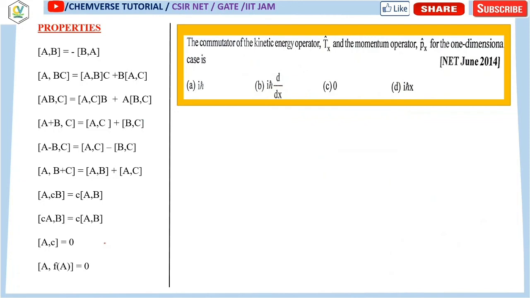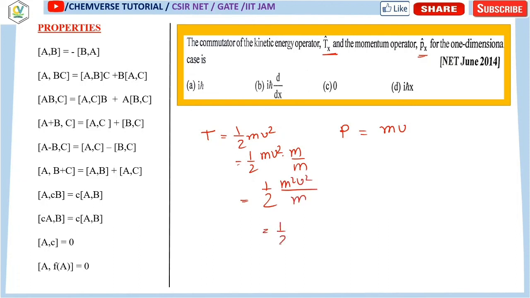It says that the commutator of the kinetic energy operator Tx with Px, what is the relation between them? Now over here I said one thing, that kinetic energy is nothing but half mv squared, and momentum p has the value of m into v. If you multiply m in both numerator and denominator of the expression of kinetic energy, you will find that it is half m squared v squared by m. So it will be half of (mv) whole squared by m.